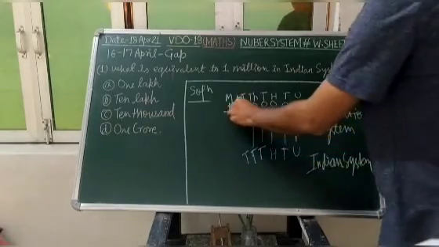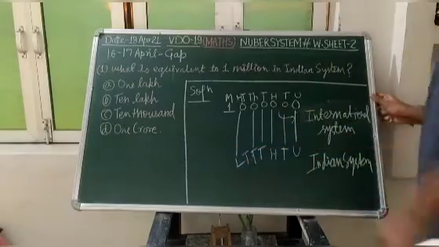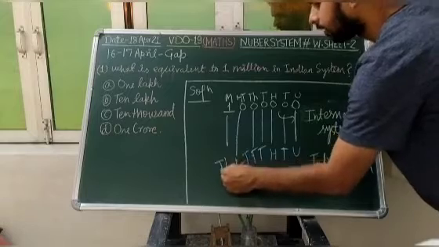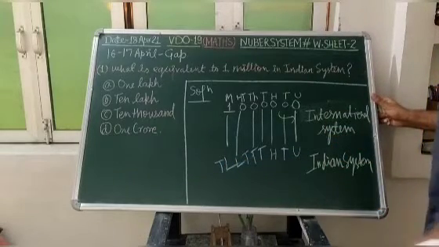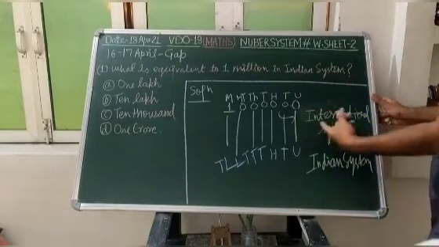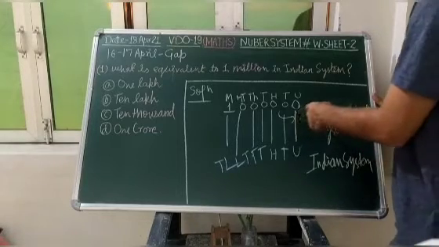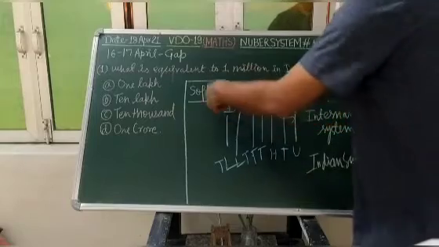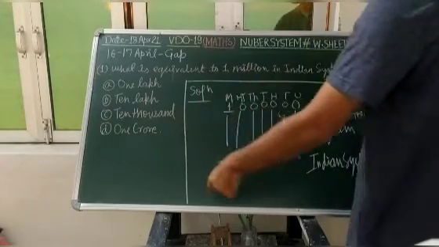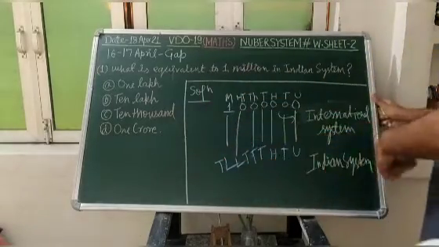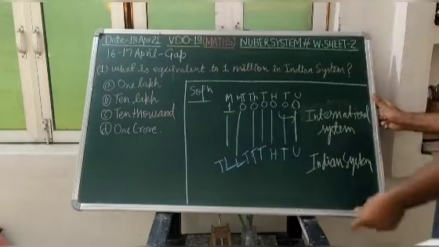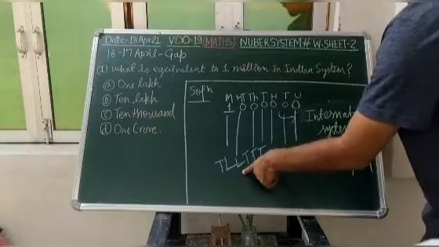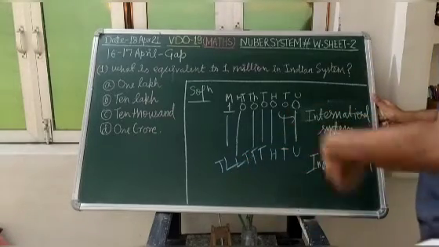After 10,000 we will have lakh, and then 10 lakh. In the international system there will be unit, 10, 100, 1000, 10,000, 100,000, then million, 10 million, 100 million, billion, 10 billion, 100 billion, like that. And in the Indian system: unit, 10, 100, 1000, 10,000, lakh, 10 lakh, crore, 10 crore.